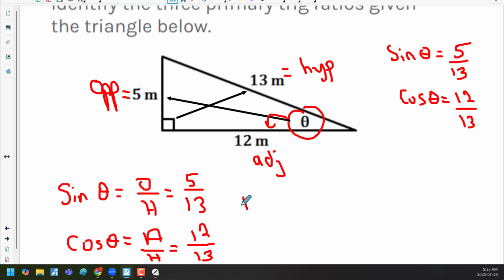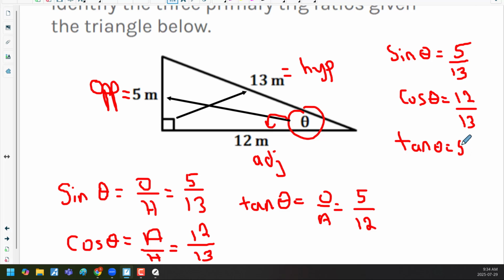And finally, tan theta is equal to opposite over adjacent, which is 5 over 12. That's it. That's all you have to do. You have to be able to write the three formulas, the three primary trig ratios, with their fractions correctly.